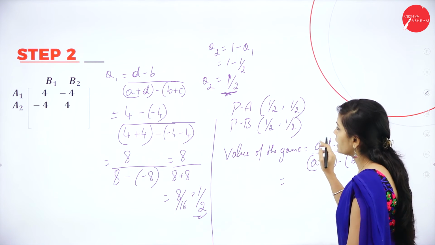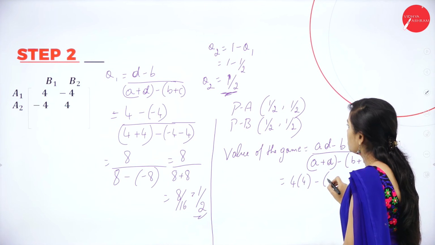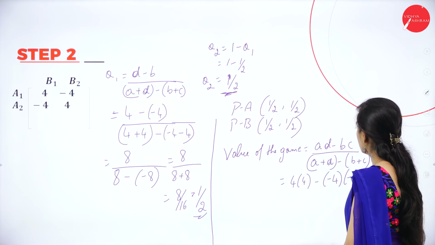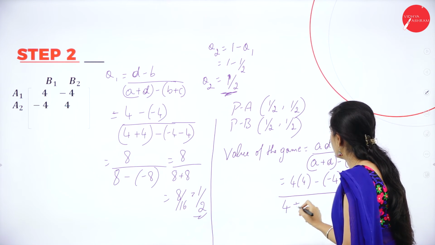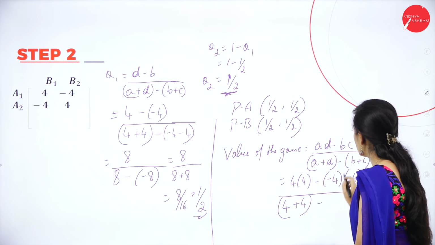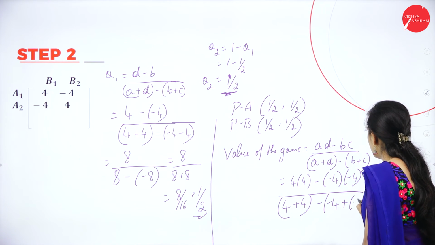Substitute the values. A into D, that is 4 into 4 minus 4 into minus 4, divided by A is 4 plus D is 4 minus 4 plus minus 4.